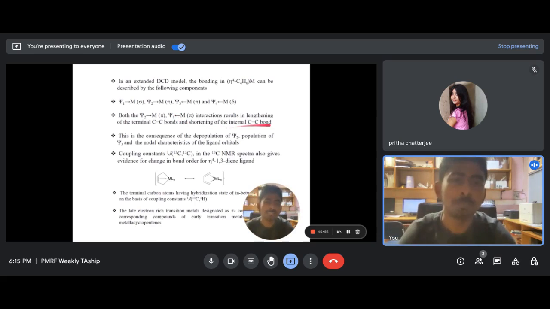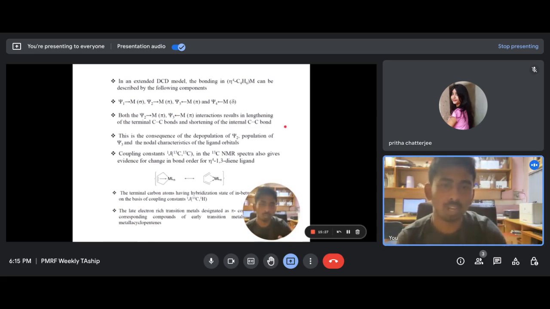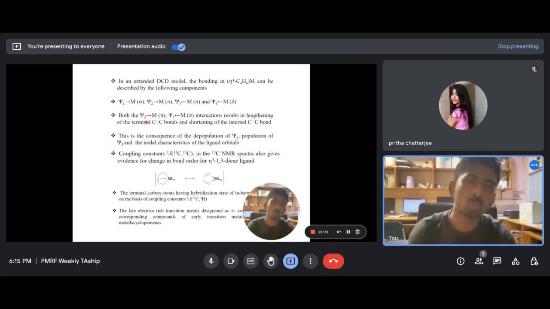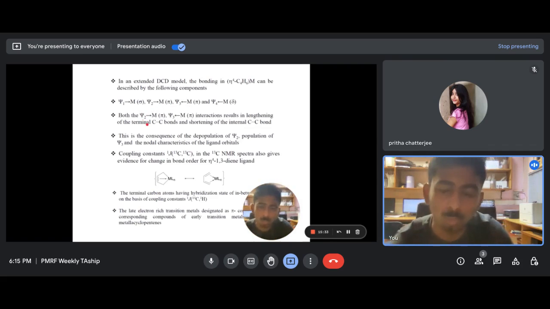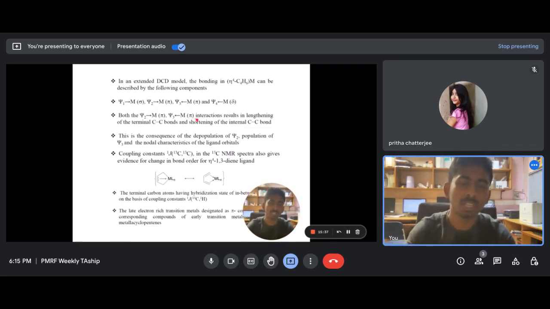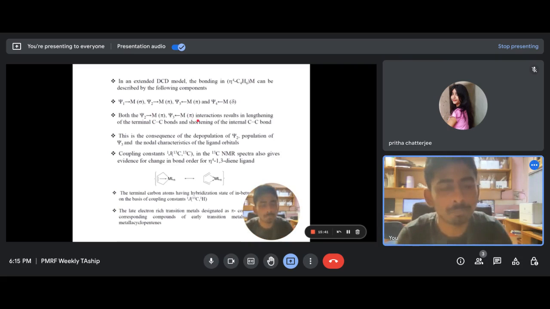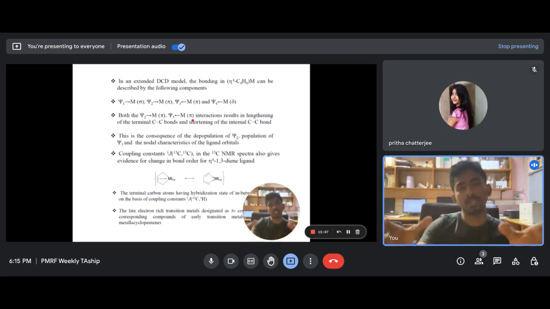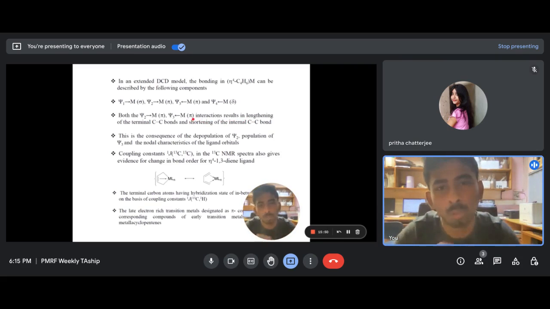If the LUMO is getting populated by electrons, then the bond order will also decrease. So in both cases, whether it's the HOMO to M-pi donation or the M-pi to Psi3 LUMO back donation, both will result in a decrement in the CC bond order of those particular double bonds.